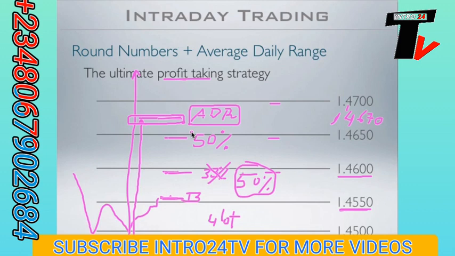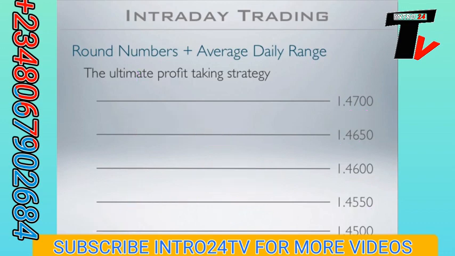Some days a currency pair just falls shy of the actual average daily range by a few pips, and you don't want to take that risk. That's why what you want to do is simply close out the trade as a whole on the previous round number. In this case, again, 50% on each consecutive round number.